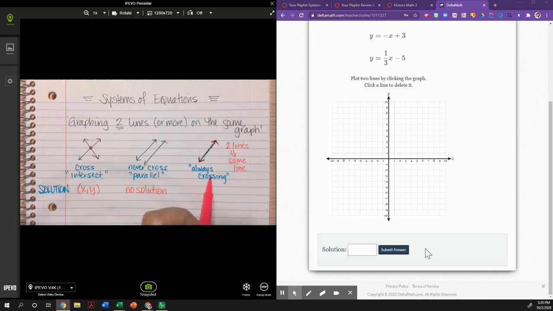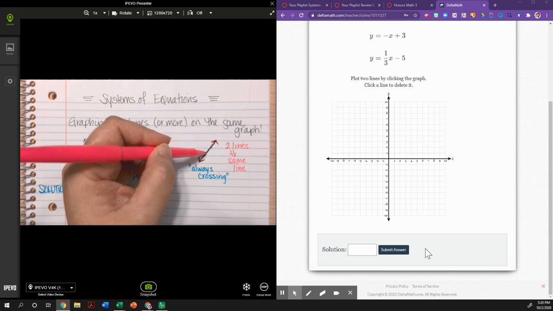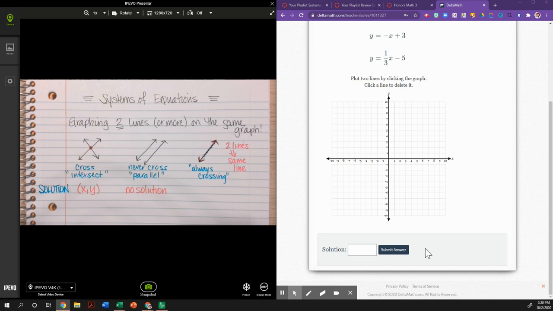If they're always crossing, there's no possible way that I can write down every single point on these lines. It depends on who you're talking to and what they use as the final answer, and we'll talk about it in Delta Math, but we know it as infinitely many solutions.